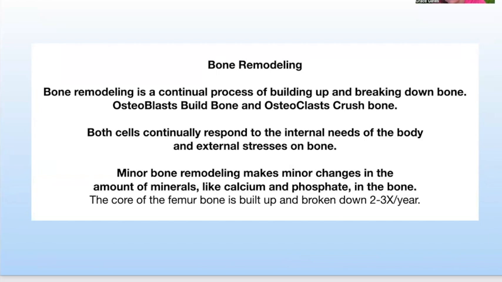Both cells are continually responding to the internal needs of the body and external stresses on the bone. So minor bone remodeling is making minor changes in the amounts of minerals like calcium and phosphate in the bone continually, like on a minute-to-minute basis as we live. The core of the femur, for example, is slowly built up and broken down 2 to 3 times a year.